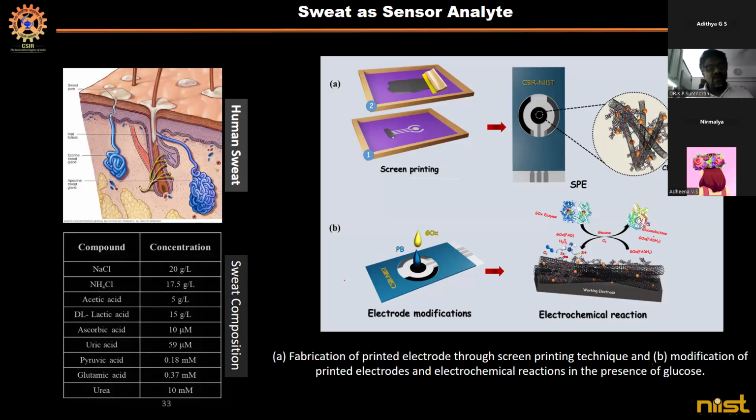Our sweat has a lot of unwanted things like sodium chloride, ammonium chloride, acetic acid, lactic acid, ascorbic acid, uric acid, and whatever else, which are going to give you wrong information about sensing glucose. So we have to alleviate the effect of these interferents.